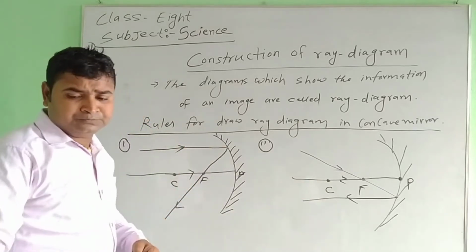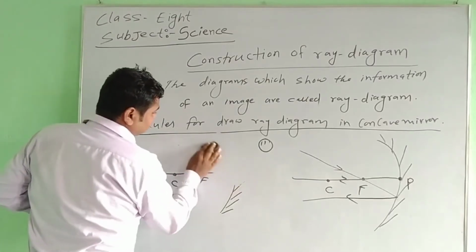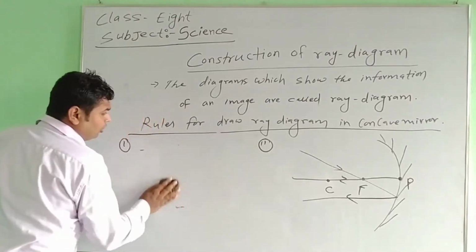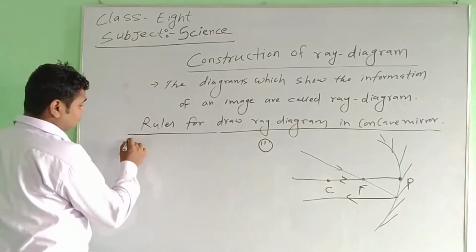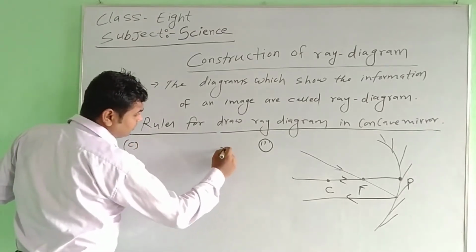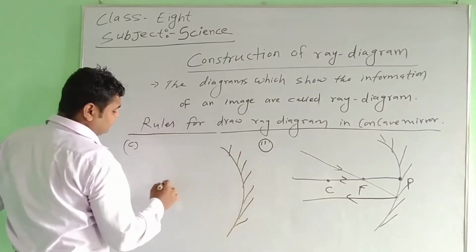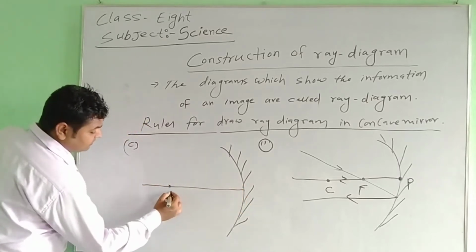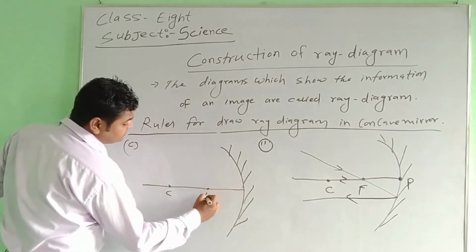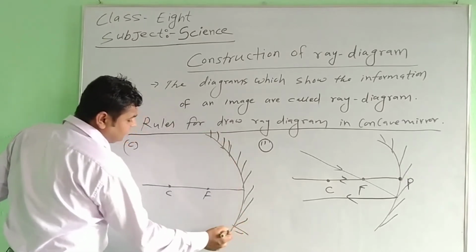Now, the third rule. Let's talk about the third rule. What is the third rule? Rule number 3 is saying: this is the center of curvature, this is the focus.